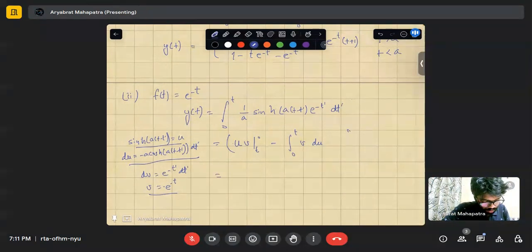So you basically have to just use by parts, or if it is confusing, you apply by parts directly, write it, and then use the substitutions.